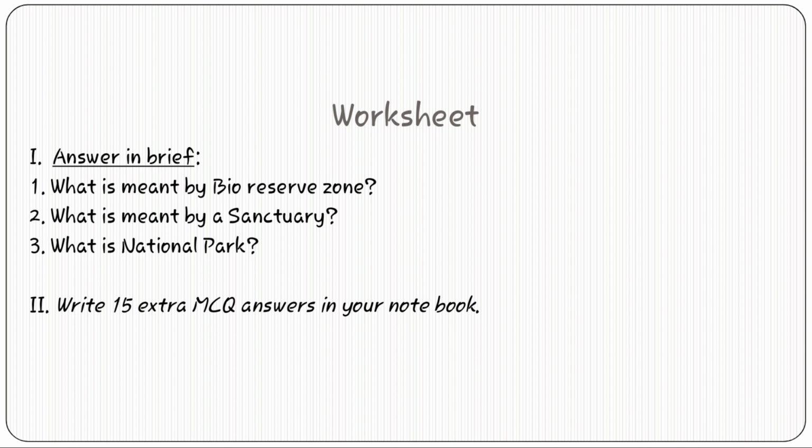First question is section 2, question number 1: What is meant by bioreserve zone? In this video, I have given you a clip, a full section explaining the bioreserve zone. All those points you are supposed to write for that.